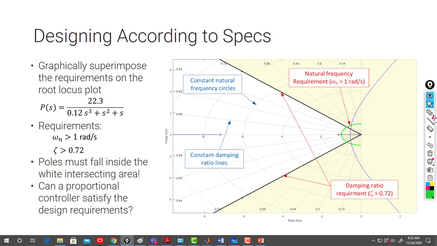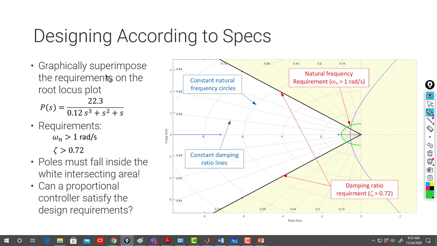Also later we'll learn in detail how we design a controller using root locus. But in this simple introduction, designing according to specification is very helpful if I have some specification, how I can use the root locus to design according to specification.